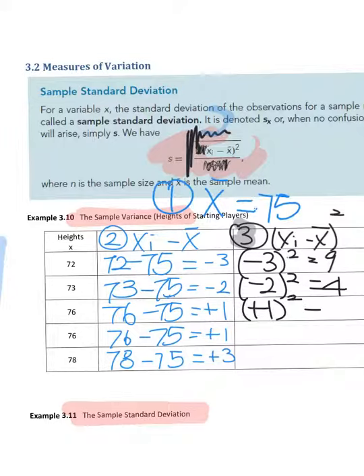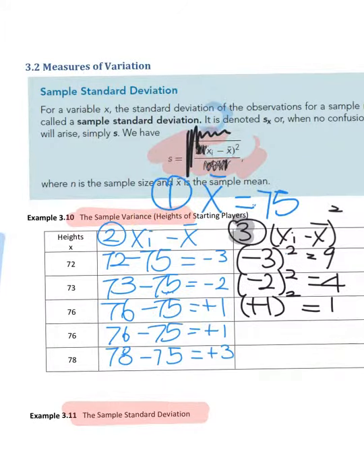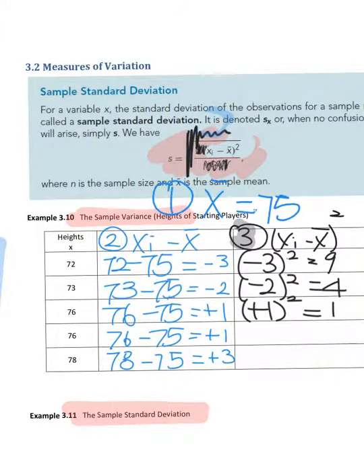Plus 1 squared? 1, yes. 1 squared again, 1. And 3 squared? 9 again. Step number 3. Next, 4. Sigma again.